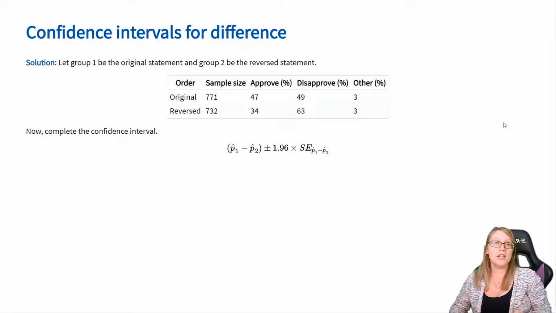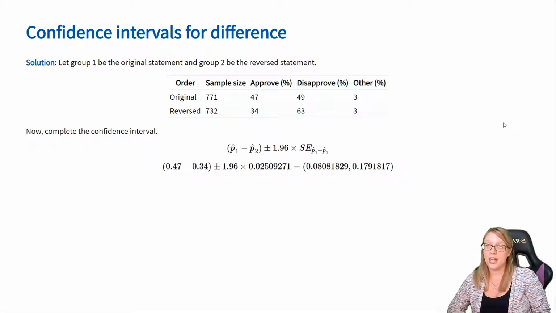So to get our confidence interval, we'll take the difference in the sample proportions, P hat 1 minus P hat 2, add and subtract 1.96 times the standard error, and we get a range that goes from about 8% to about 18%, or 0.08 to 0.18. Now, what does this difference actually represent?